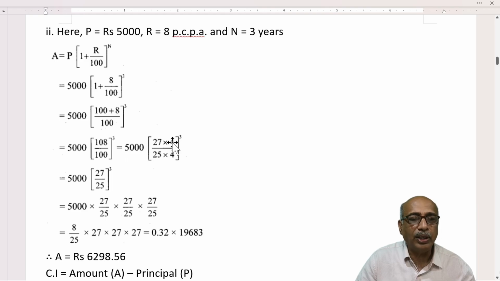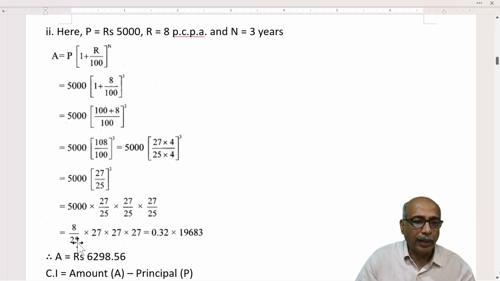Here the N value is 3, so it will be a cube. Therefore 5000 into 27 by 25 into 27 by 25 into 27 by 25. When you simplify, 25 ones are 25, 200s are 25 ones are 25, 8s are.